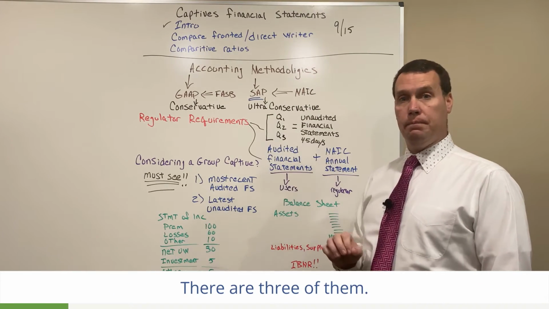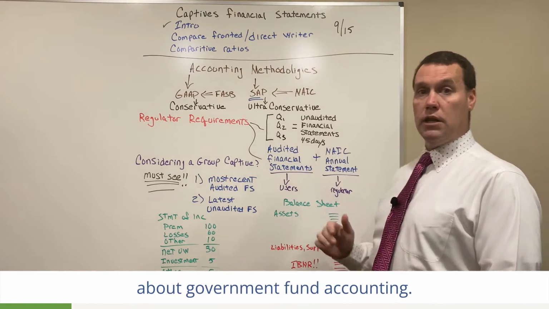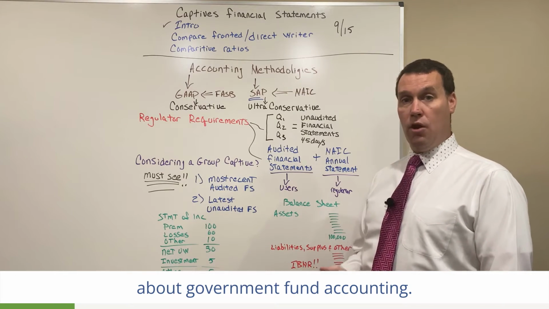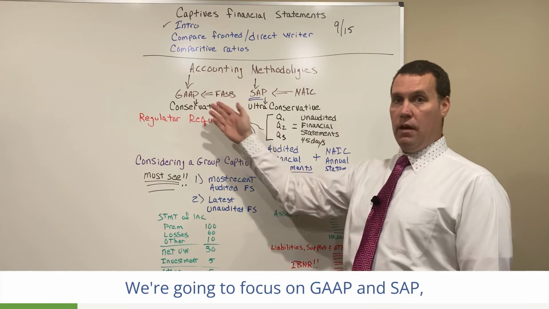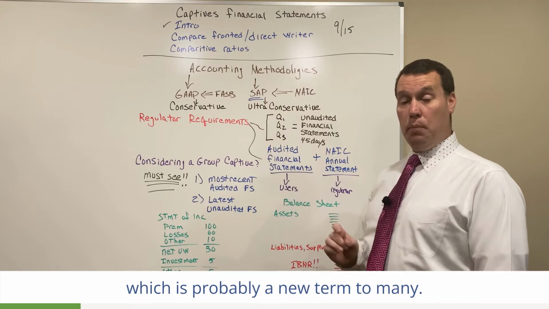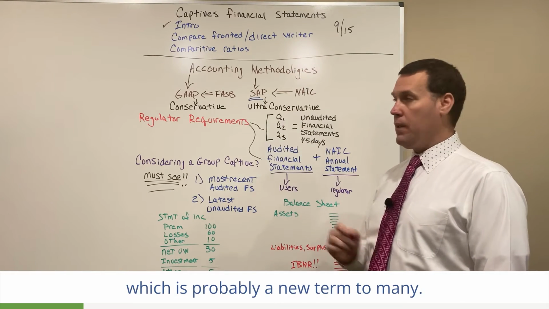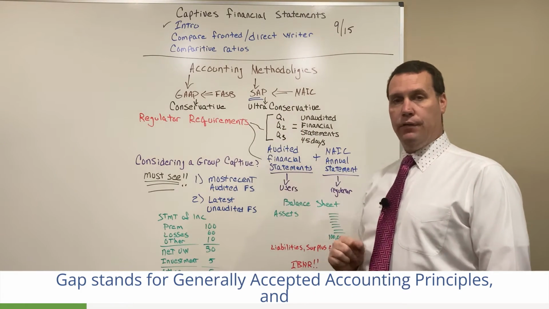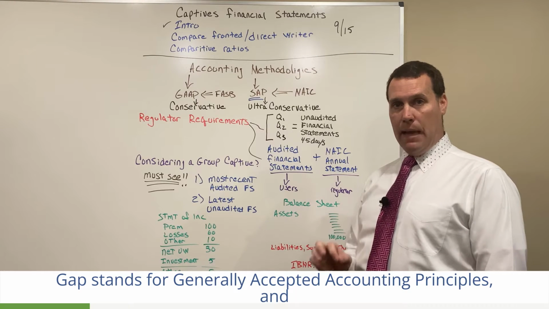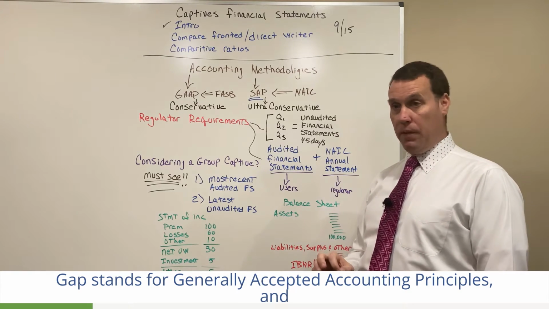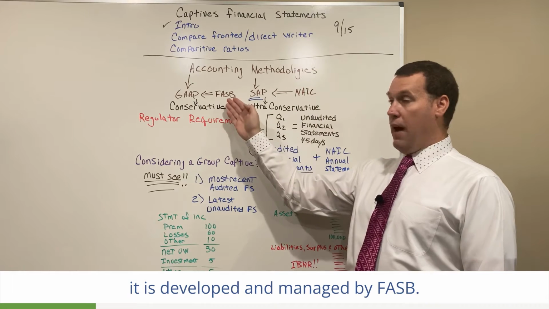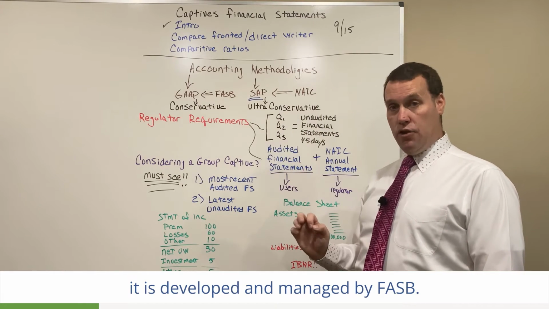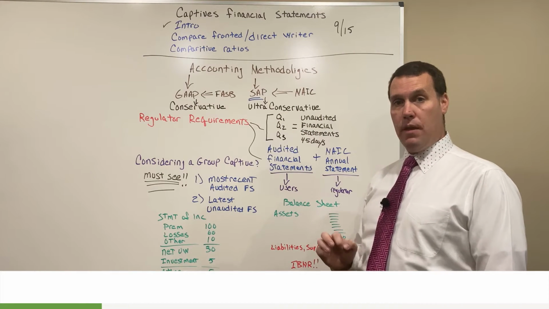There are three of them. We're not going to talk about government fund accounting. We're going to focus on GAAP and SAP, which is probably a new term to many. GAAP stands for Generally Accepted Accounting Principles, and it is developed and managed by FASB.